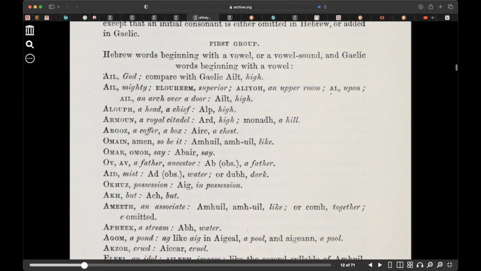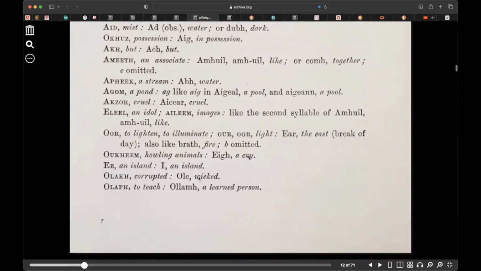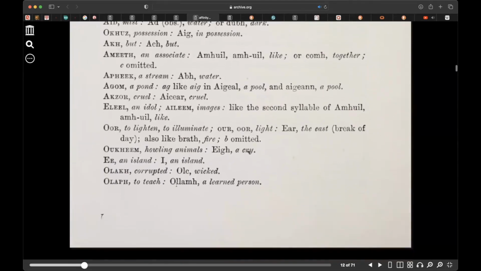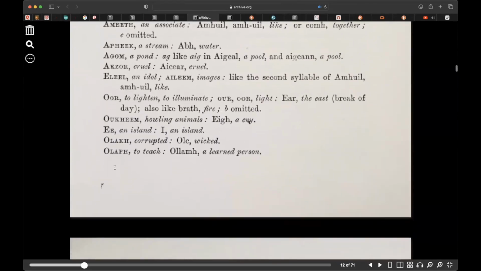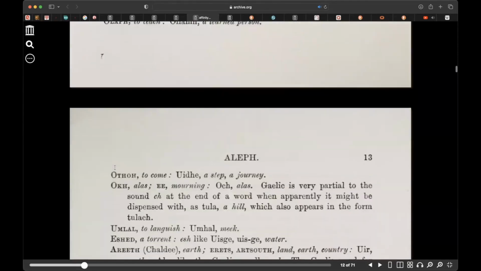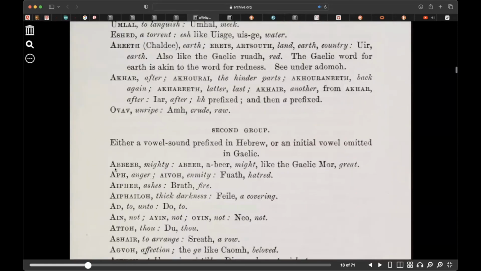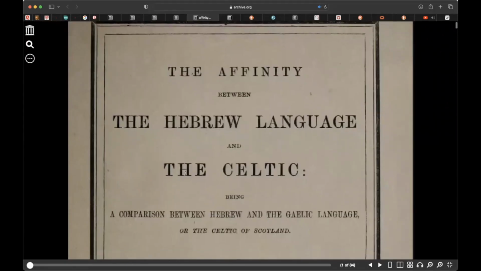All right, so go through it real quick. Alaf, to teach. Alam, a learned person. Remember, Olam, Jeremiah. So there you go. That's a Hebrew word. It's what we were reading in the other books. Some more examples. Again, you guys can pause it and take a look at it yourself. I just wanted to show you guys.